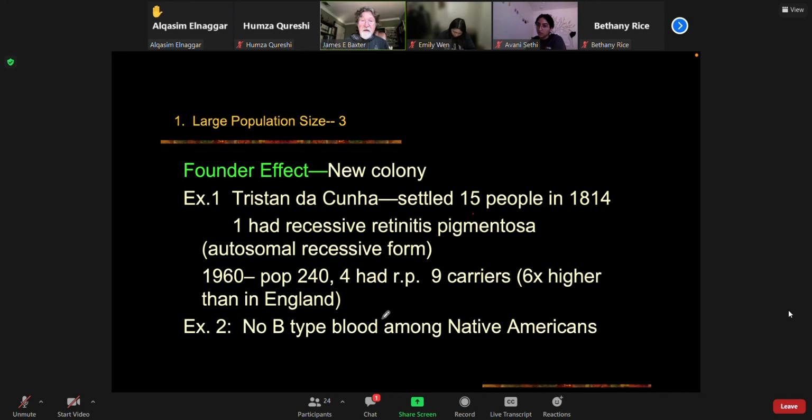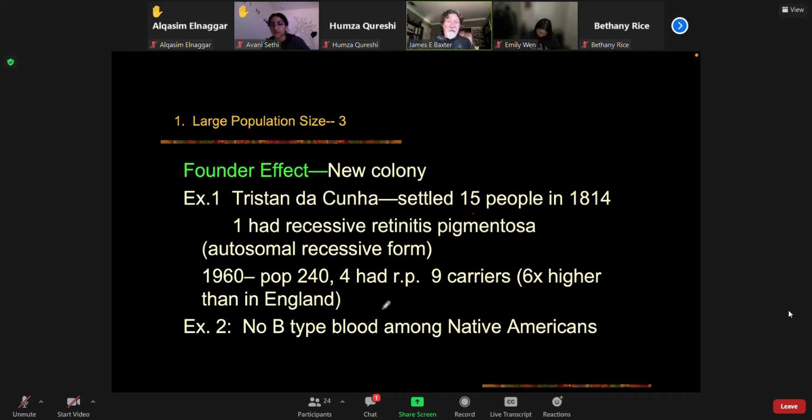Okay, thank you. Now, with Europeans and Africans being brought into the New World, that is gene flow, because there was an existing population here. But with the Native Americans, as far as we know, there were no humans living in the Americas at that time. So that's colonists.